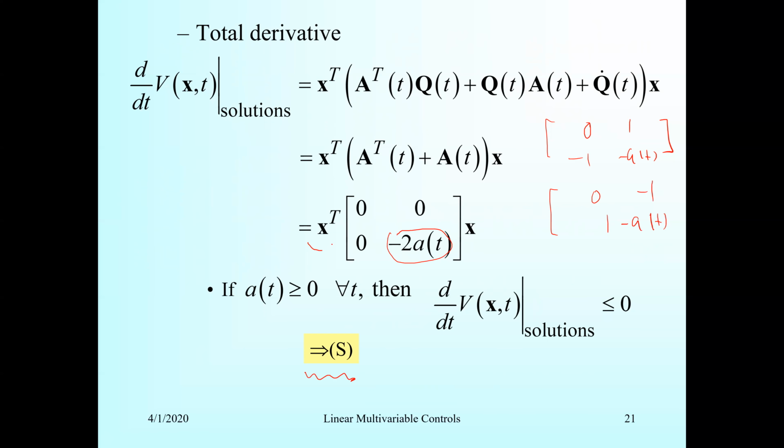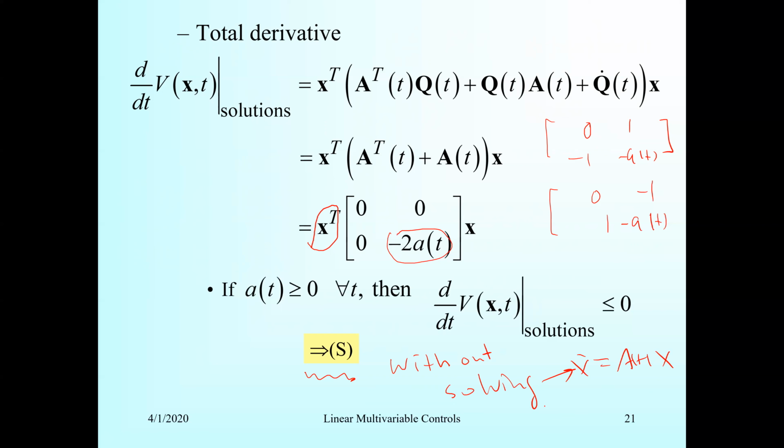We didn't really get a solution of x, okay? We didn't solve it. So again, I want to write down, we draw this conclusion without solving the original x dot equals A(t) x, okay?